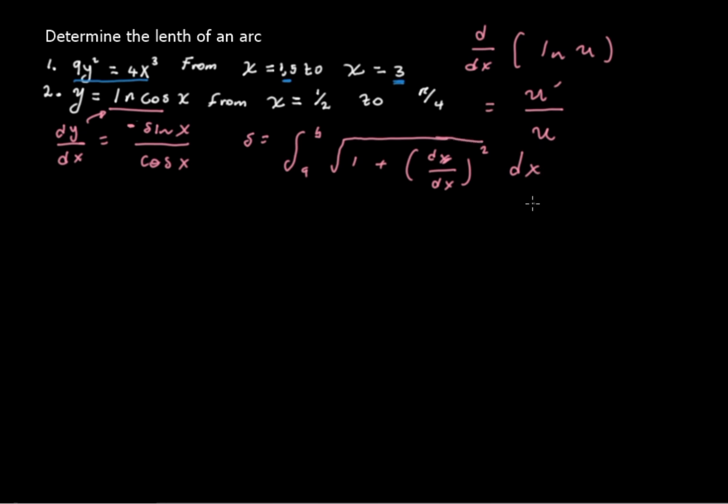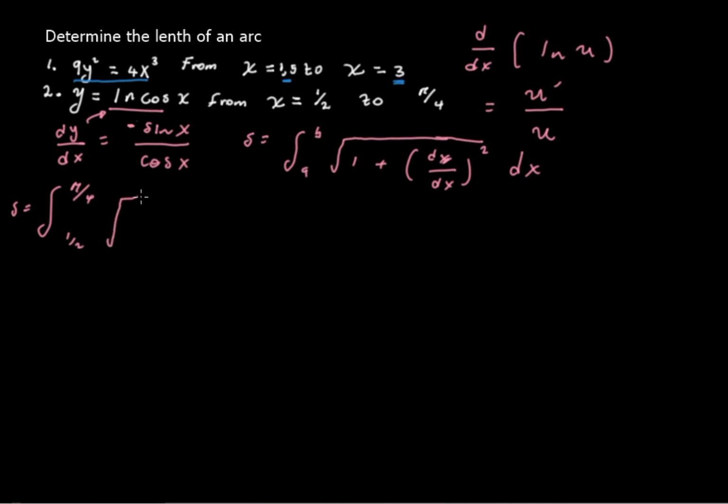So now we do the substitution in this case. Our b would be pi over 4, and a equals 1 over 2, or 0.5.